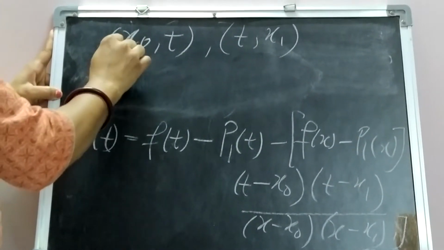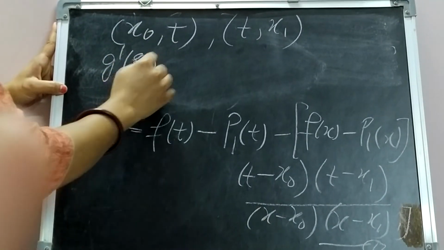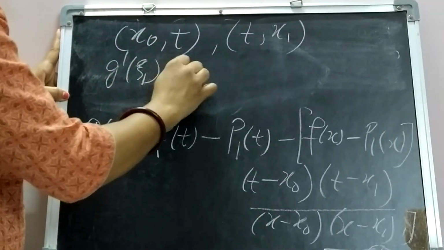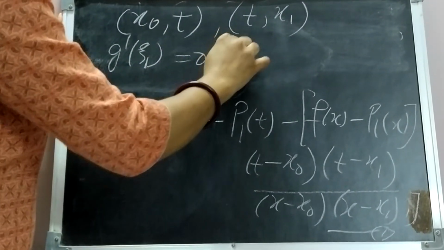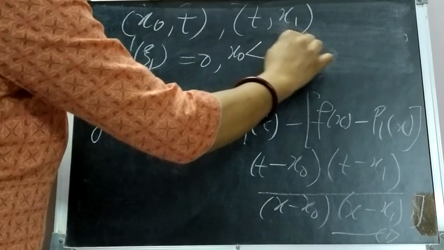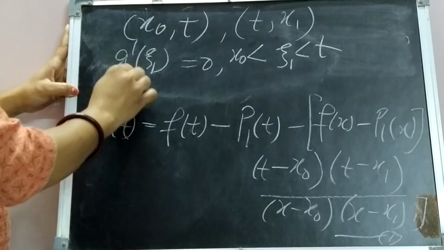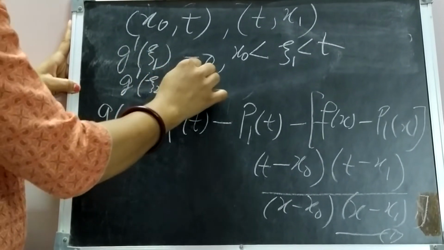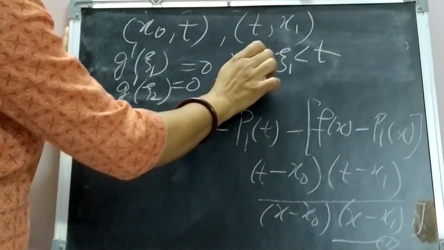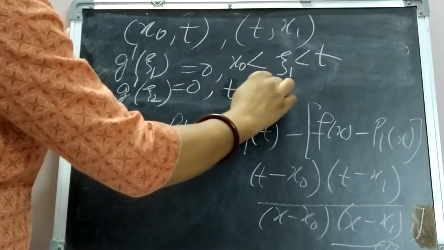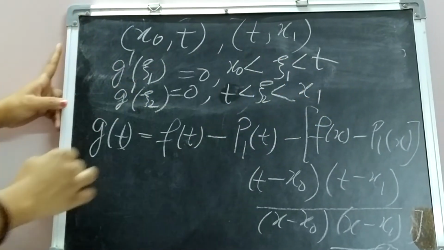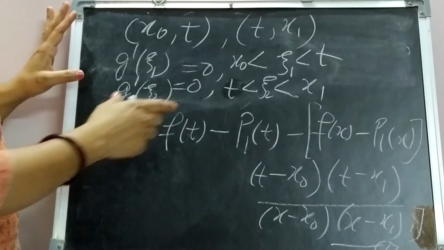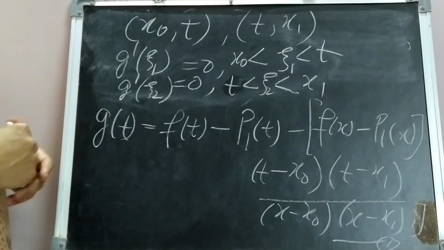We get g'(xi1) equal to 0 for x0 less than xi1 less than t, and also g'(xi2) equal to 0 for t less than xi2 less than x1. We have two points, since there were two intervals. So Rolle's theorem states this when we apply it to this function.